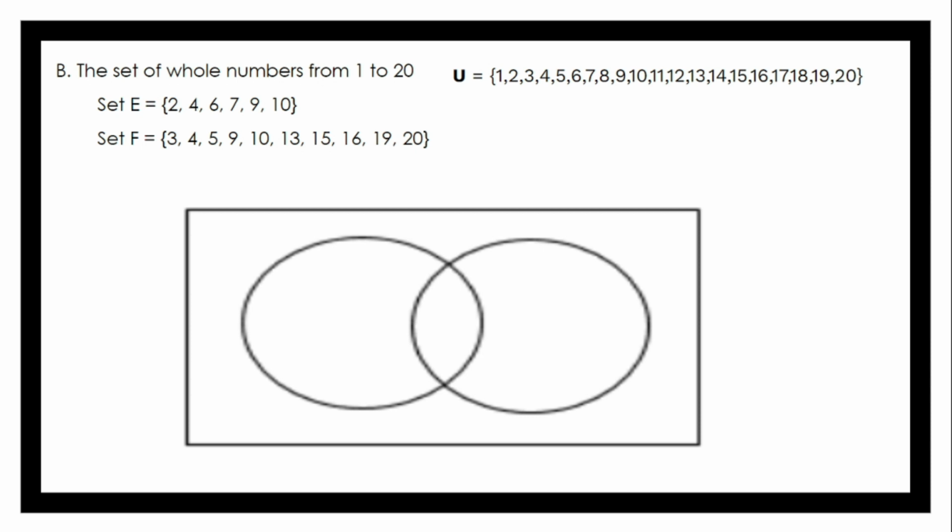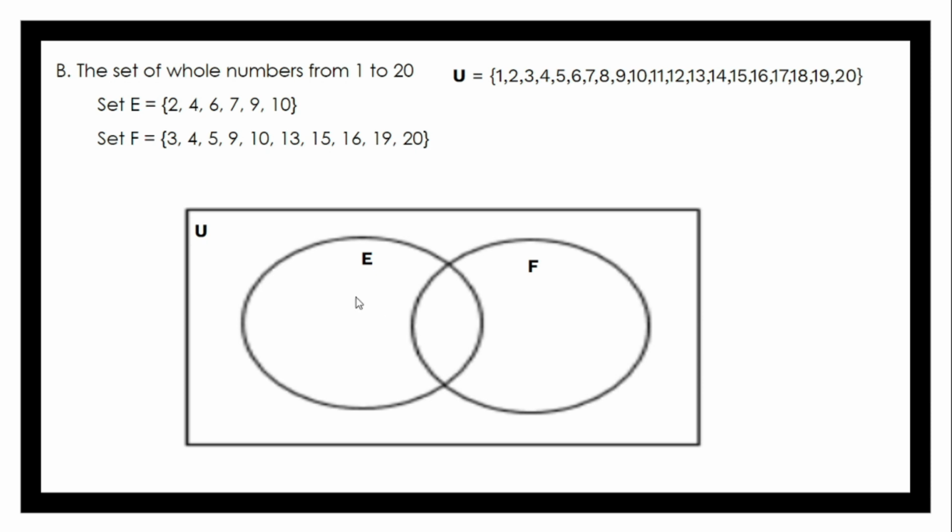Diba? So, therefore, the first thing we need to do is just to name yung part ng ating Venn diagram. Alin ba dyan yung set E, alin yung set F, at alin yung universal set. So, let's write there the universal set, E, and set F. Okay? So, for set E and F, tingnan natin ulit ano yung mahalaga na ilagay muna natin para hindi na natin siya masulat sa iba pa. So, the very important thing here is to look for the intersection of these E and F. Correct?